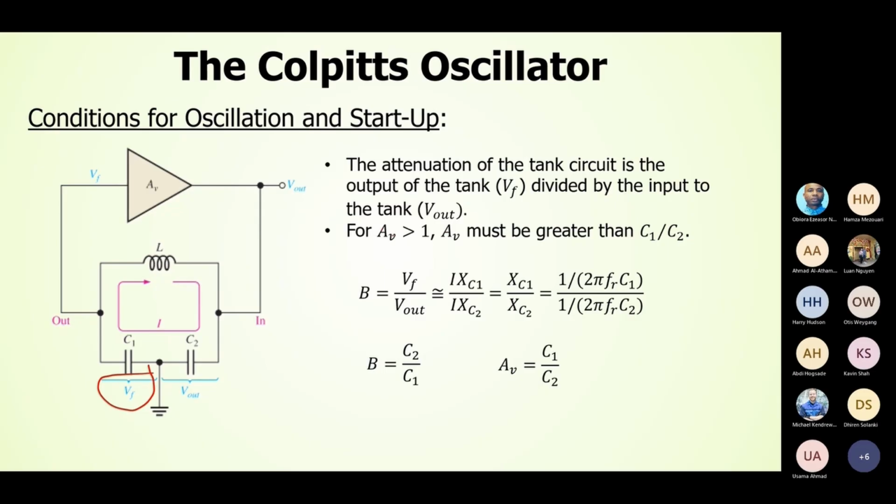If you want to make sure that your overall gain is greater than 1, this AV must be greater than C1 by C2. Here you can see some formulas that ensure your AV is greater than C1 by C2. But due to the tank circuit operation, it will initially increase, but after a while, when the value settles down, your overall gain will be less than 1.